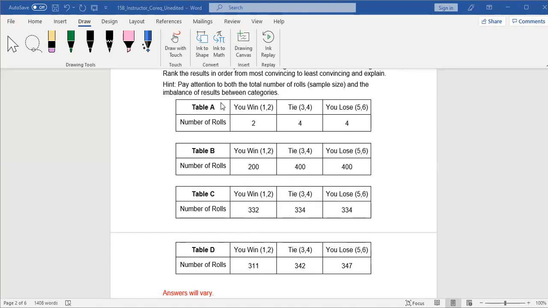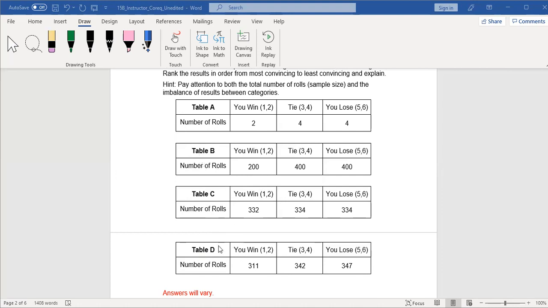Since tables A, B, and D are more convincing than C, we should start with one of these. B is the one with the most convincing result, as we agree. And if we choose between A and D, D comes before, since D has more rolls.